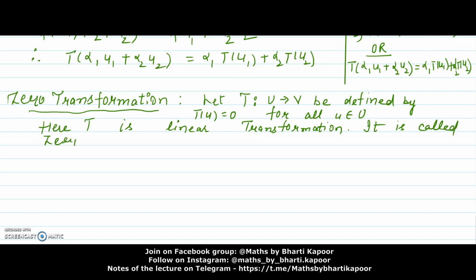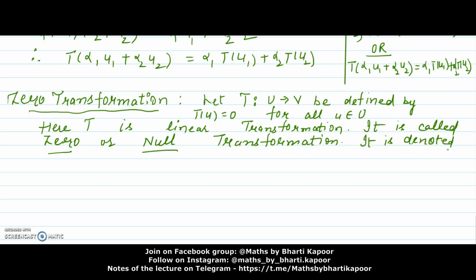It is called zero or null transformation, and it is denoted by O. So what is the zero transformation?